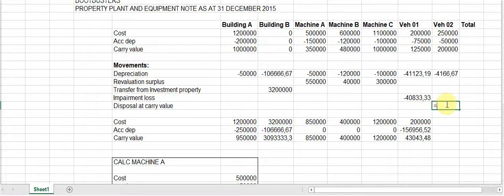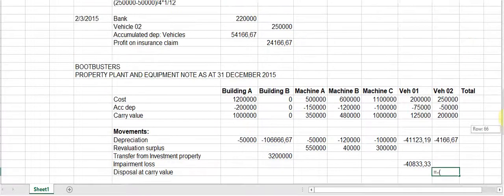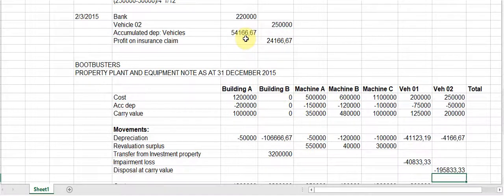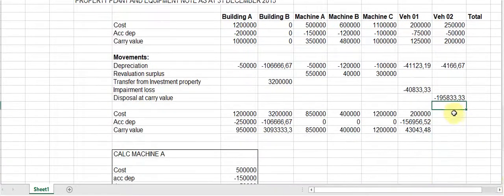So the disposal at carry value should then be the cost price minus all the depreciation up till the day of the theft. And you will find that the closing balances should be 0 because you no longer have that asset. It has been stolen.